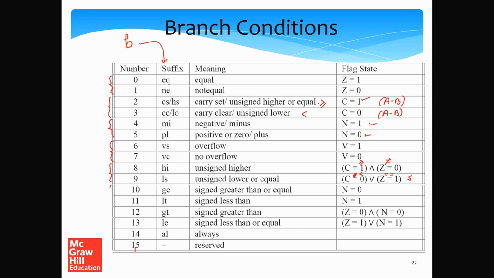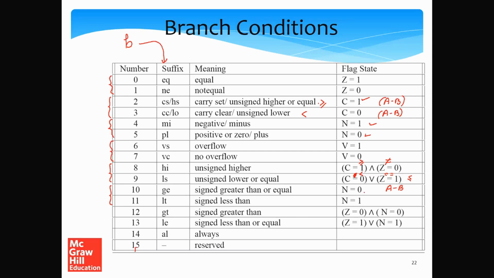Now let's consider some signed operations. GE is signed greater than or equal. In this case, I do the same thing: I interpret both 32-bit numbers as signed numbers and I perform a subtraction.